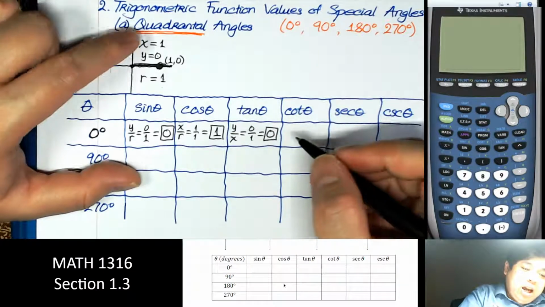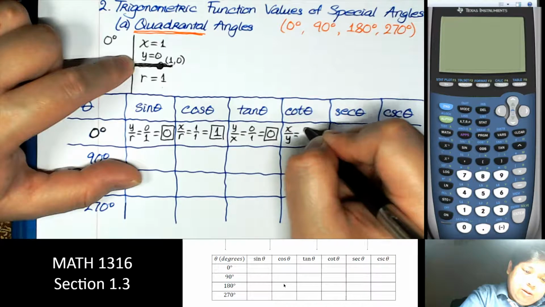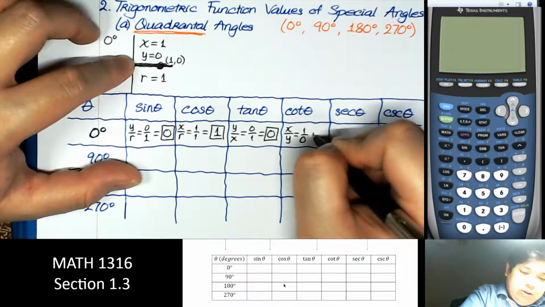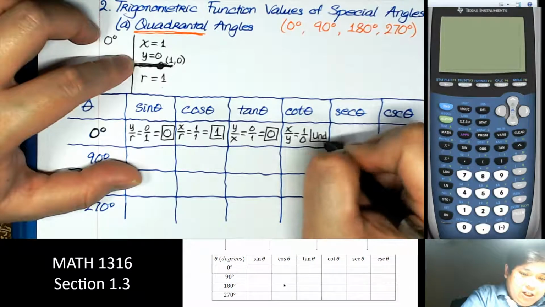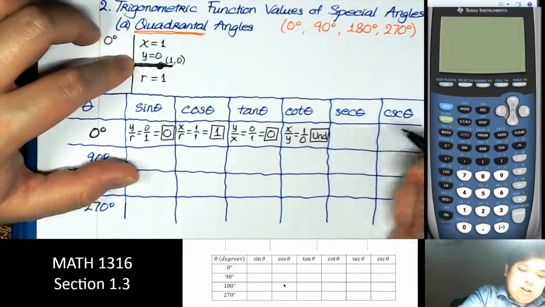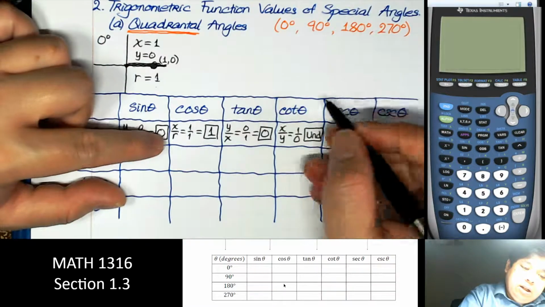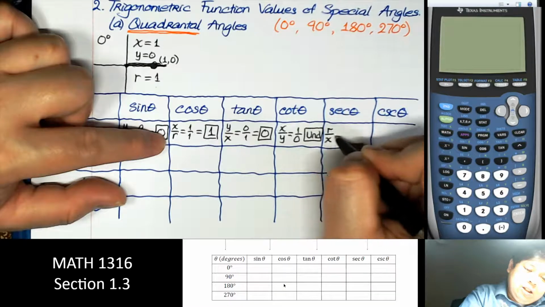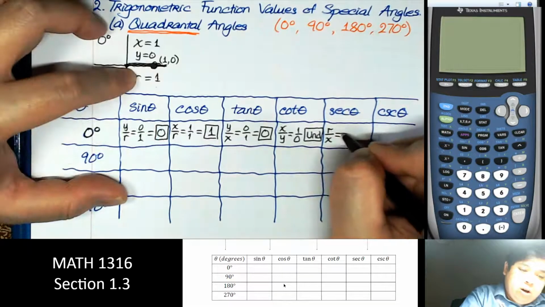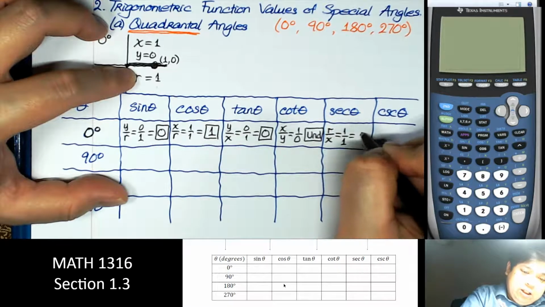Cotangent is x over y, which is undefined. Secant is r over x, so it's 1.